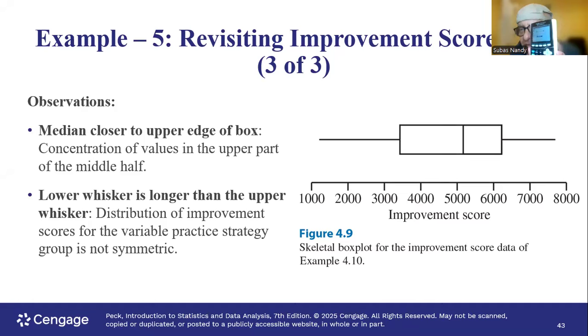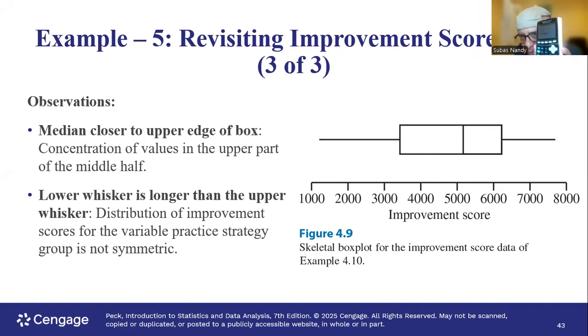The distance from Q2, the median in the center of the box, to the minimum on the left whisker is farther than the distance from Q2 to the maximum, the end of the right whisker.